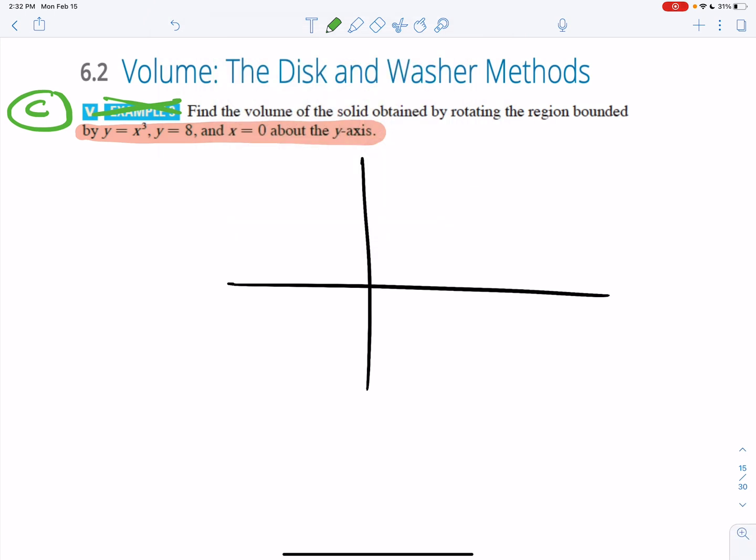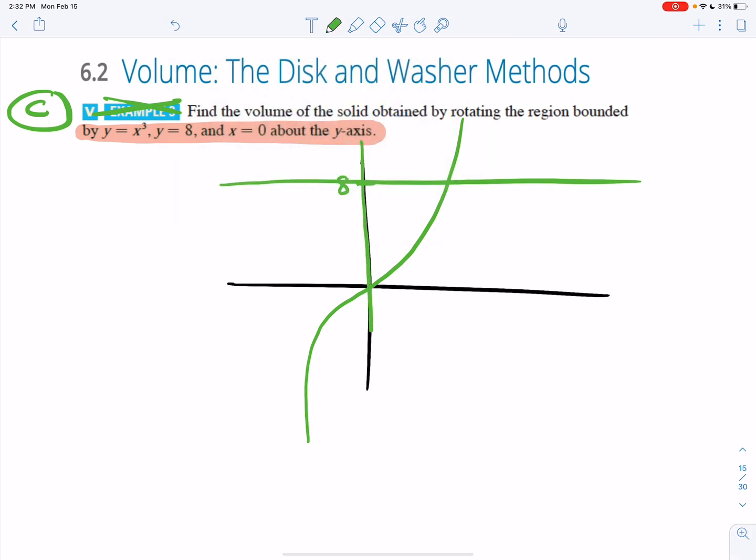Okay, y equals x cubed looks a little bit like this. y equals 8 is a horizontal line. And x equals 0 is really just your y-axis. That's x equals 0, a vertical line.